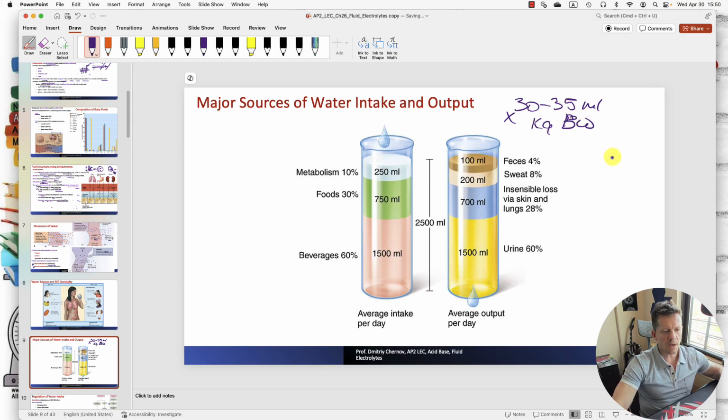Hypothetically, if I'm 70 kilograms, it's easier to calculate, and I multiply by 30: 7 by 3 is 21. So it's 2,100 milliliters of water I'm supposed to drink. But if you're 75, or you can multiply by 35, let's say 35 multiplied by 7.